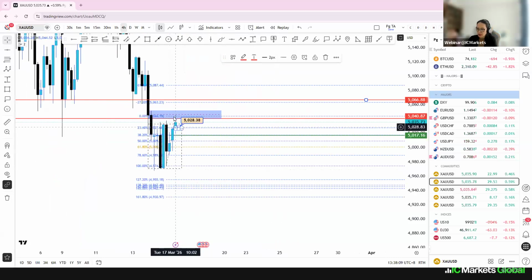So if you want to buy, you can wait for price to pull back somewhere around here, 5017 I think, or 5027, 100 pip below, and then you can buy. Then you can target 5060 as the next TP for the buy entry.